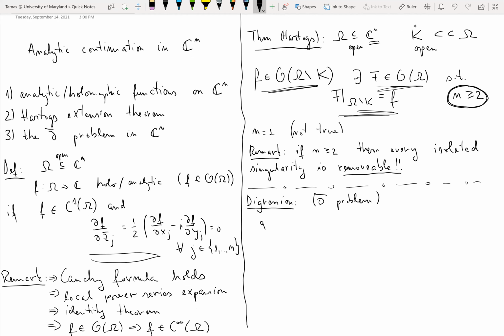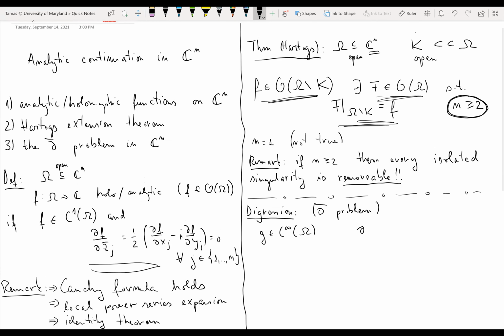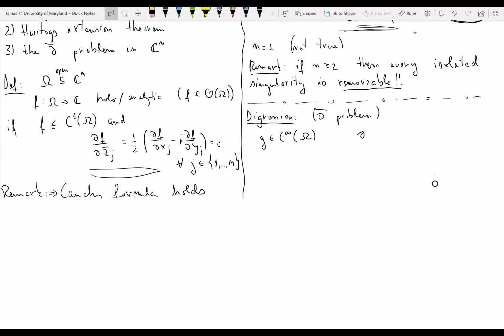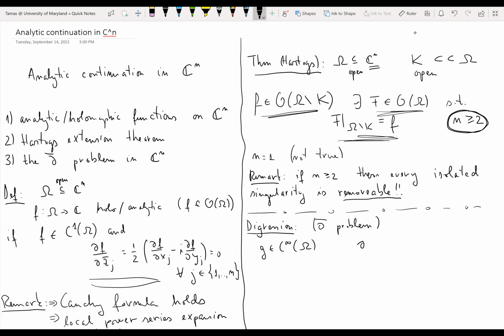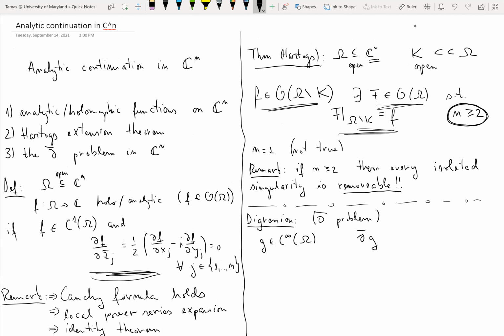So start with a smooth complex valued function g on omega. So what one can do, you can define the Delbar operator. The Delbar operator is something that closely resembles these Cauchy-Riemann operators here.